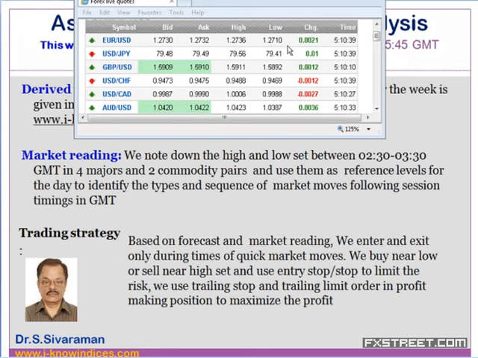Besides, they take the positions for a long term, and that we need to understand, because the positions they accumulate for the long term are more important in driving the market rather than the small swings they do, and it might appear the market is following the technicals. When it reaches the resistance, it comes down. When it reaches the support, it goes up.